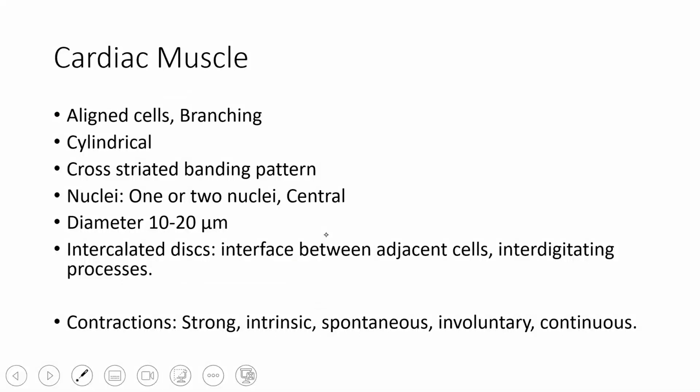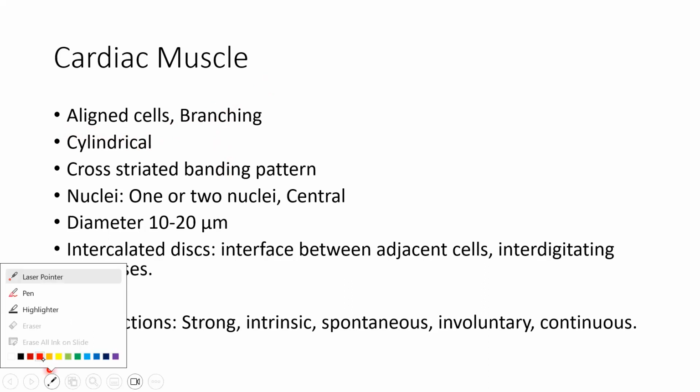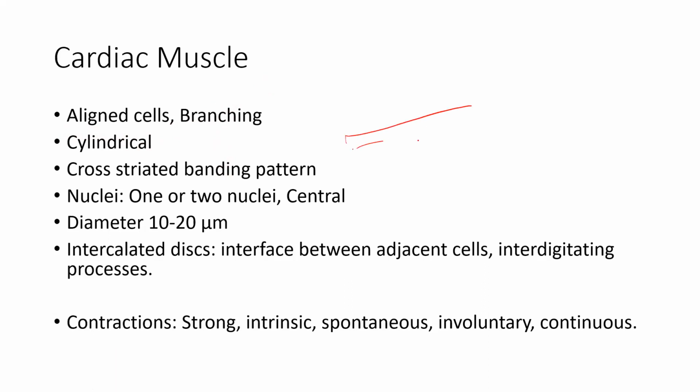Okay, so then we come to the cardiac muscle. Cardiac muscle is the heart. Here you have aligned cells which are branching. So one cell you find like this.